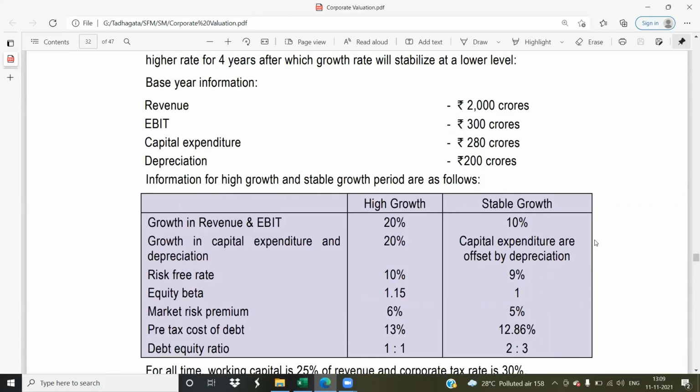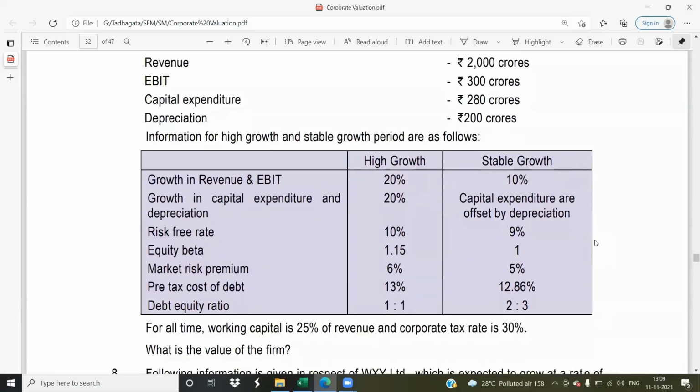Then you add back depreciation and subtract capital expenditure for all the periods. You have to be careful because the growth rates are different for the two periods. Then since working capital is 25% of revenue for both periods, you can easily find the change in working capital, the net addition or subtraction.